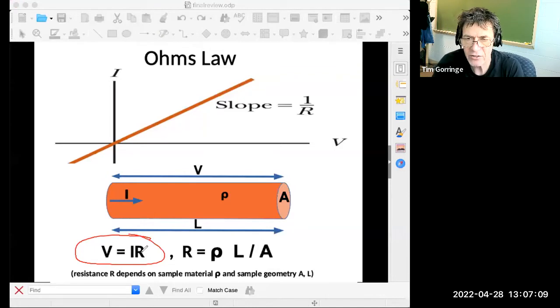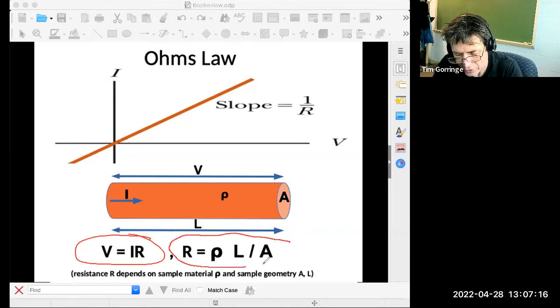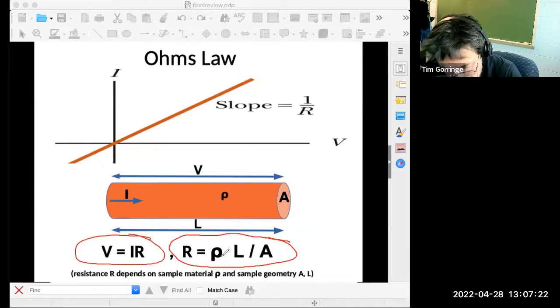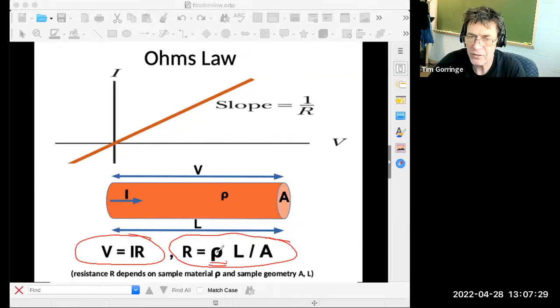The resistance of the resistor depends on a number of things about your resistor. It depends on the material that you've made your resistor from, and that dependence is encoded in a quantity called the resistivity, rho. It depends on the length of your resistor and the cross-sectional area of the resistor. Those are the quantities L and A in this equation here.